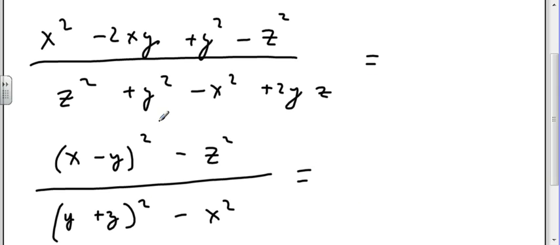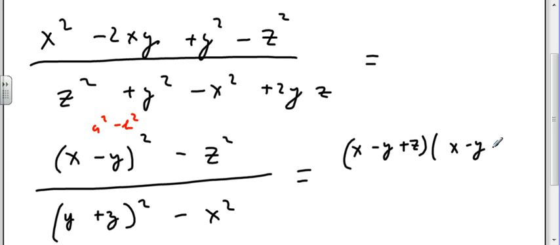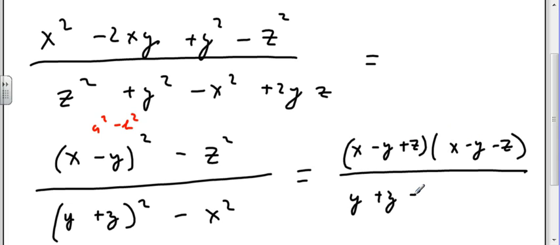So now we recognize the top as being in the form a squared minus b squared, and the bottom being in the same form, a squared minus b squared. So that'd be x minus y plus z times x minus y minus z divided by y plus z minus x and y plus z plus x.